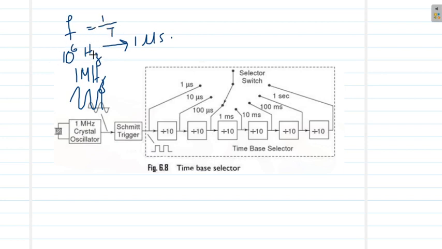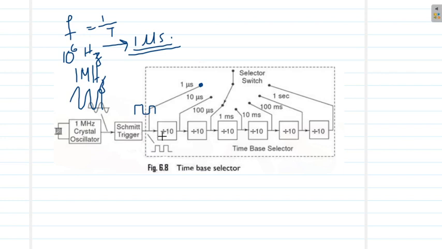So if 10 raised to 6 hertz is the frequency, then 10 raised to minus 6 second, or 1 microsecond, is the corresponding time period. So if you convert this sine wave using a Schmitt trigger into corresponding pulses, you will have a 1 microsecond pulse at this point, because that is a 1 megahertz frequency signal.